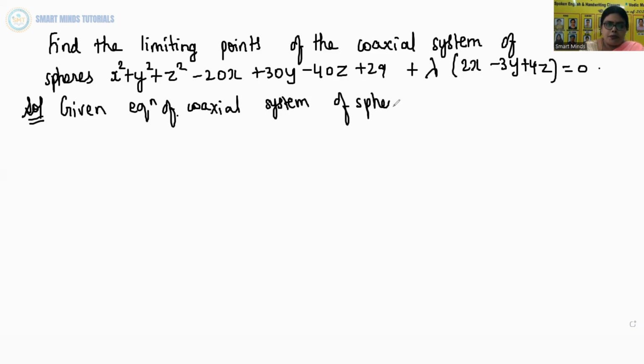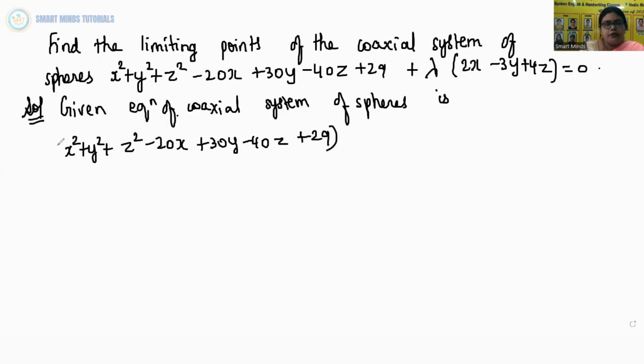Coaxial system of spheres is x square plus y square plus z square minus 20x plus 30y minus 40z plus 29. This is the sphere equation, plus lambda into 2x minus 3y plus 4z is equal to 0.